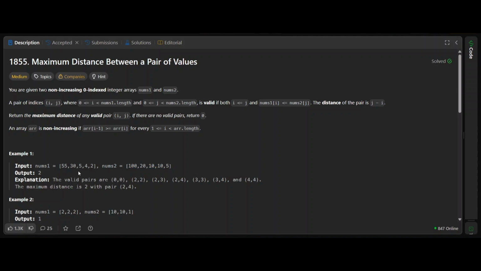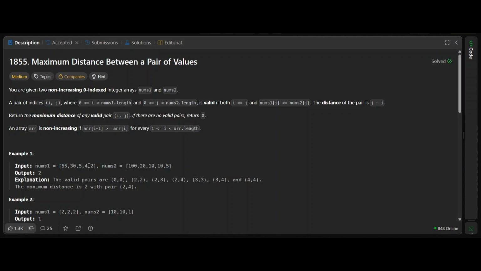And what will be the range? Let's say i is 2. Then the range will be from 2 to the end of the nums2 array. If the index is 3, it will be from the third index to the last index of nums2. So the starting index depends on where my i is, because my j should be greater than or equal to i.